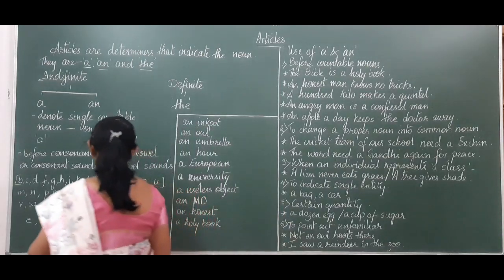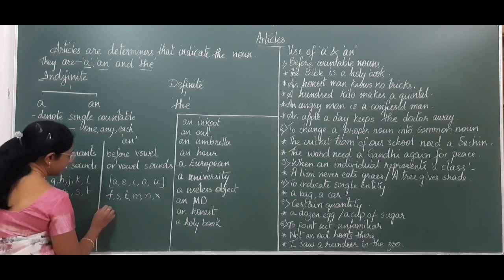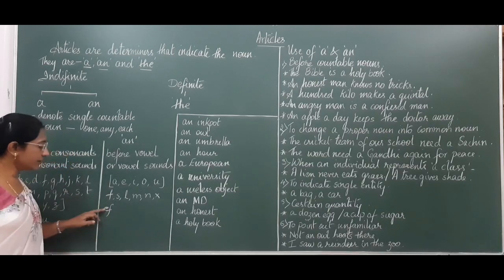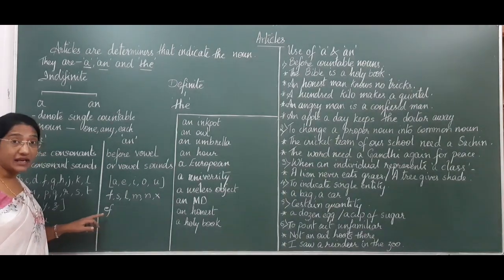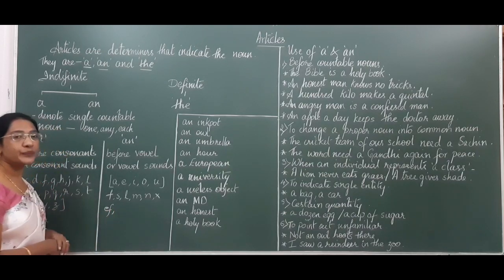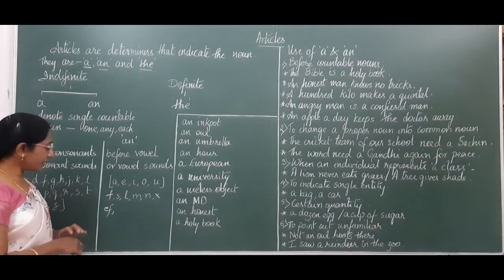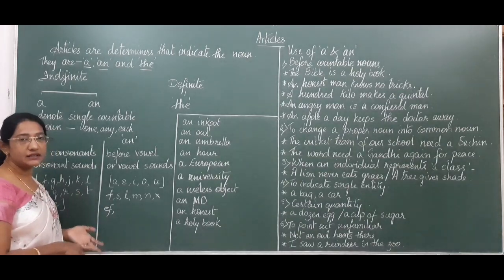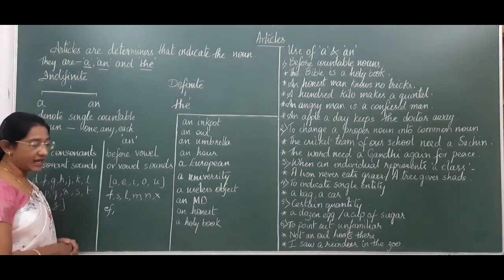For example, if F is used with a word, EF gives a sound, F. So, F is producing the vowel sound, and when it is used with words beginning with F and producing the vowel sound, then before that we use an.